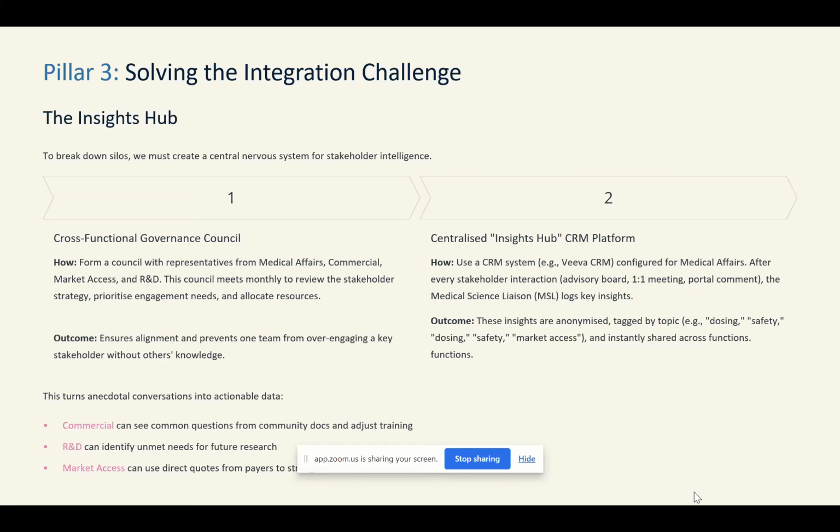An easy and effective way would be to have a cross-functional governance council, where you could have representatives from various departments. This ensures alignment, and it will also be an opportunity to provide updates periodically. So we all get to know what's happening across the other departments. And if something is not well aligned, it is an opportunity to clarify.